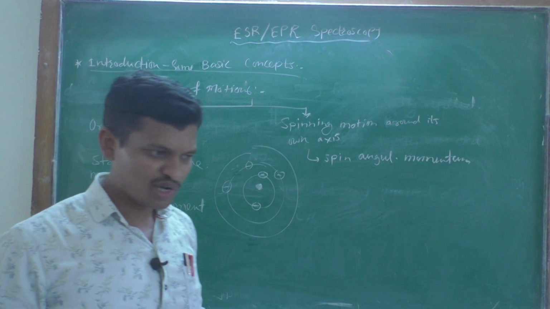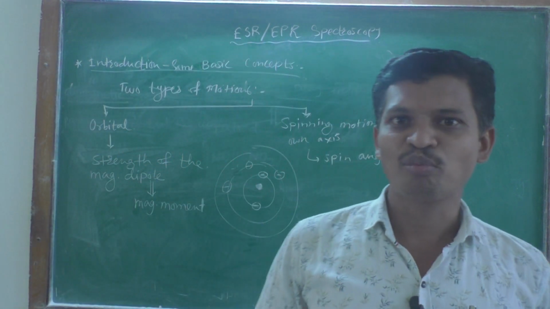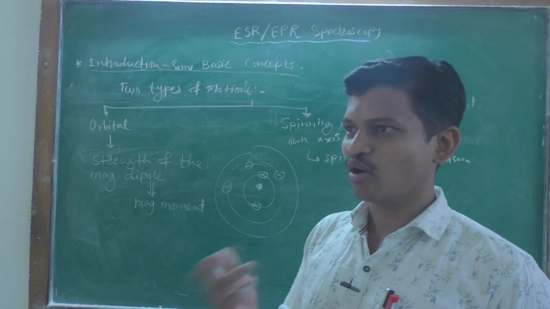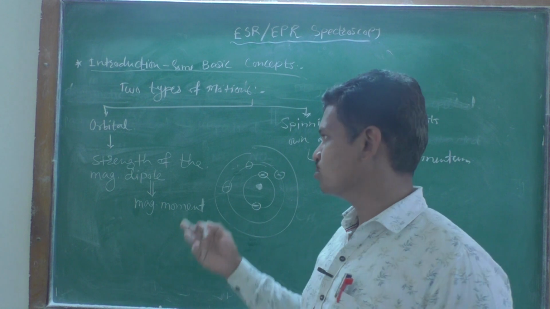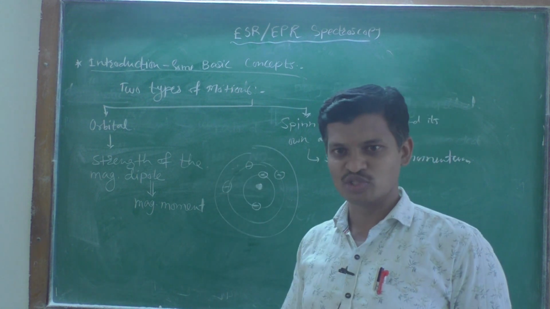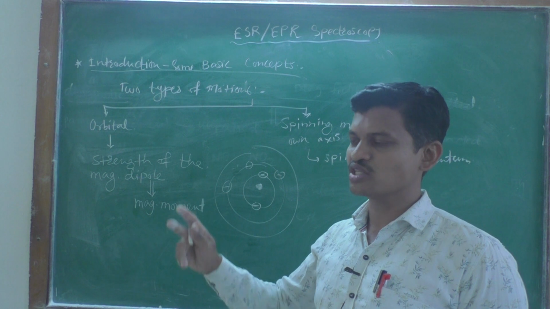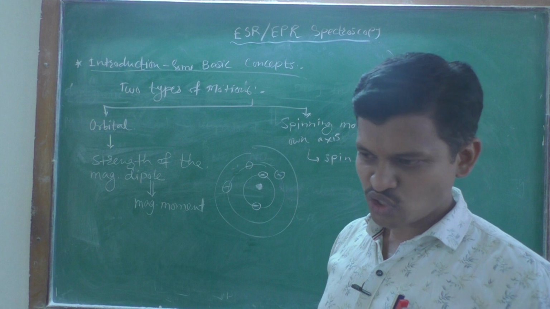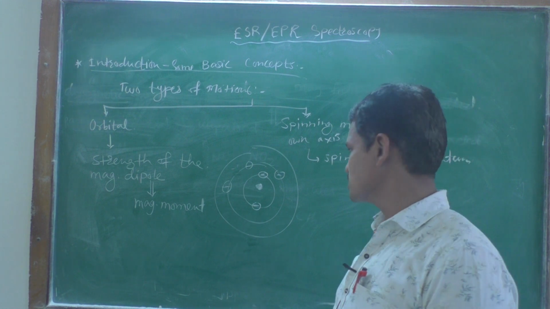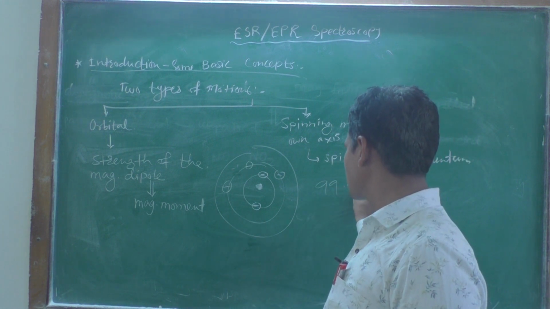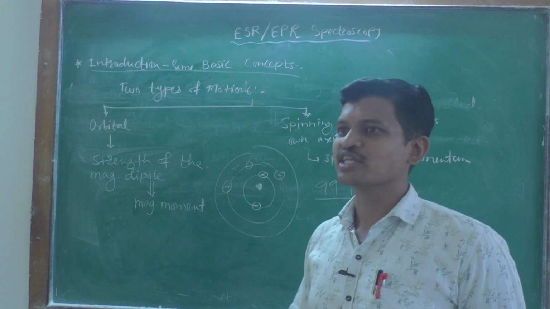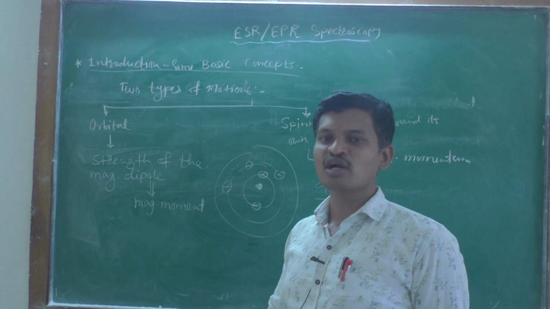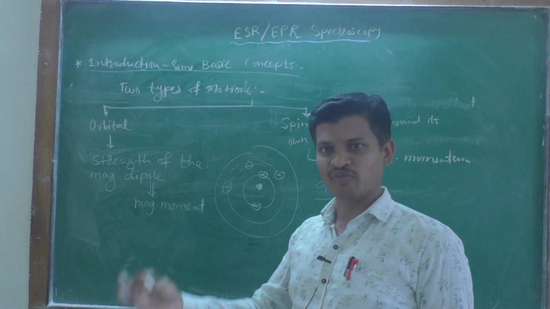So this magnetic moment is nothing but the strength of the magnetic dipole. That dipole is generated due to the motion of the electron, and the motions are of two types, orbital and spin, and due to these two types of motions, two magnetic moments are possible. In most cases, about 99.9% of cases, only the spin magnetic moment contributes to the total magnetic moment of an electron.